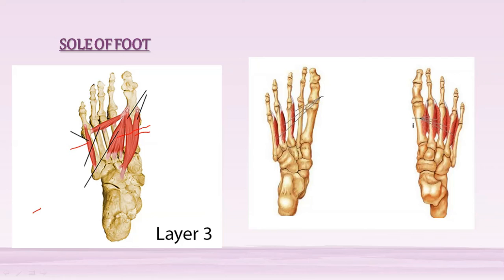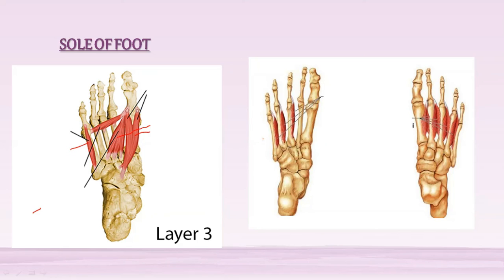This one towards the great toe is flexor hallucis brevis, which inserts on the great toe. Then adductor hallucis, again the name indicates, inserts on the great toe. The third is flexor digiti minimi brevis, which inserts on the little toe.